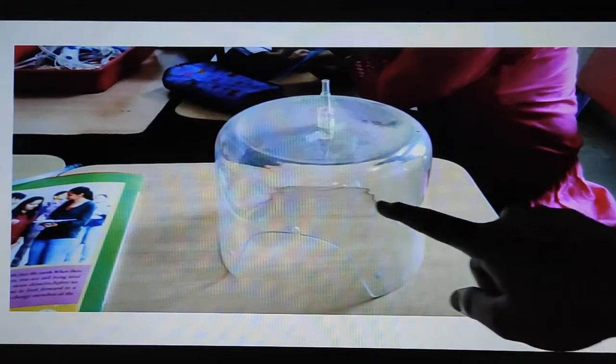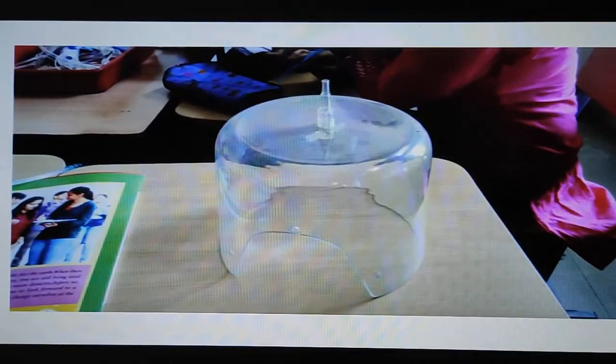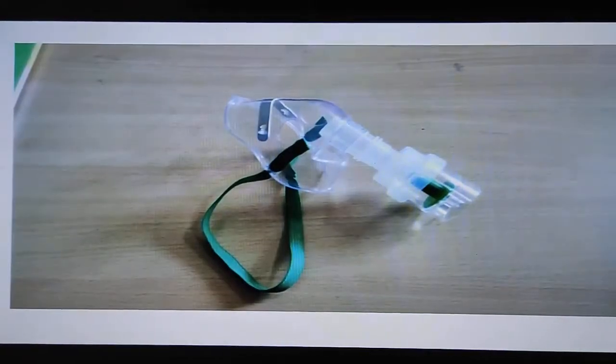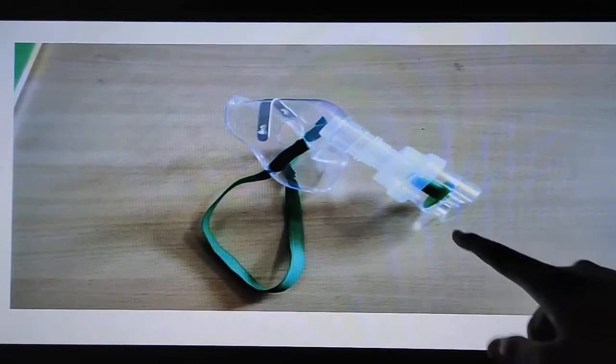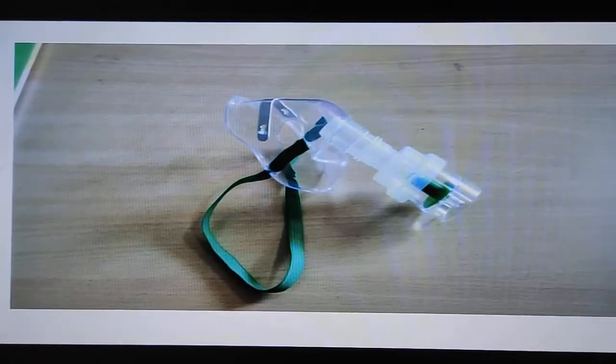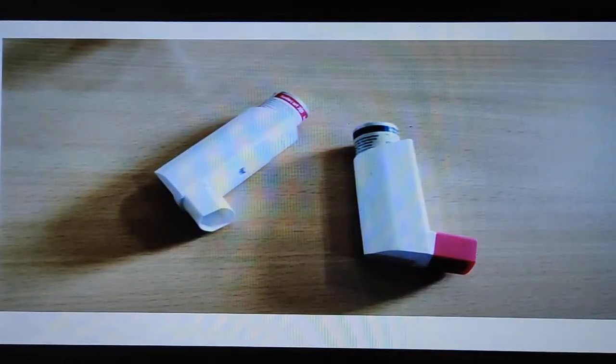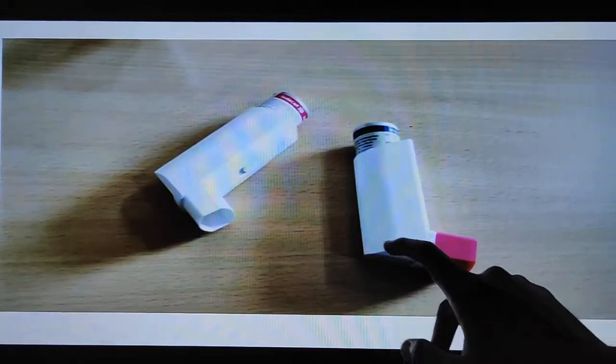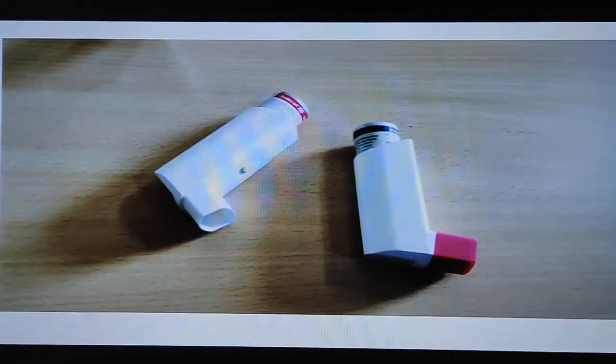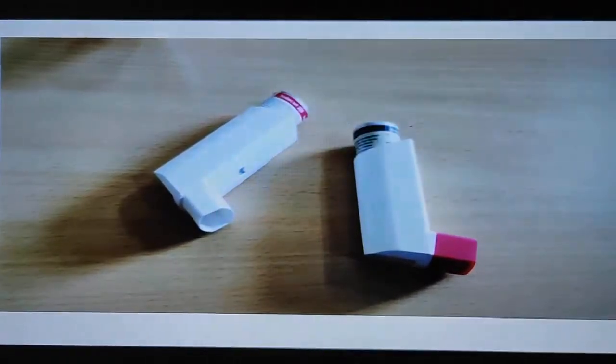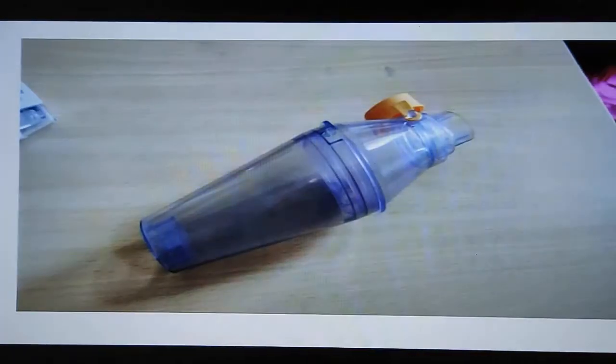This is nebulizer, used to nebulize any patient with respiratory distress. This is metered dose inhaler with canister. This is spacer device.